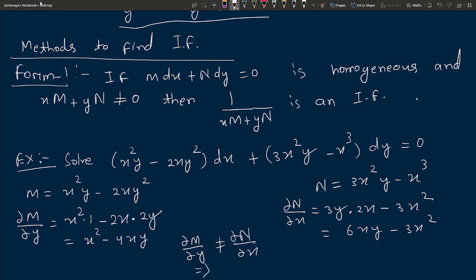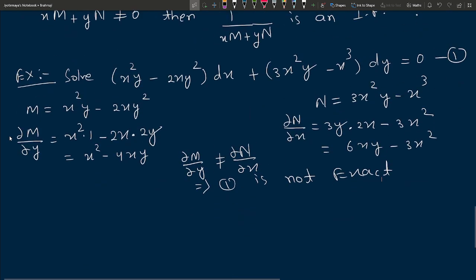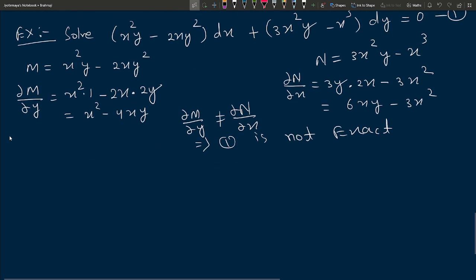This implies equation 1 is not exact. But you see both M and N are homogeneous. How?